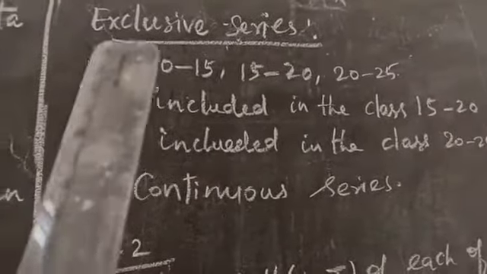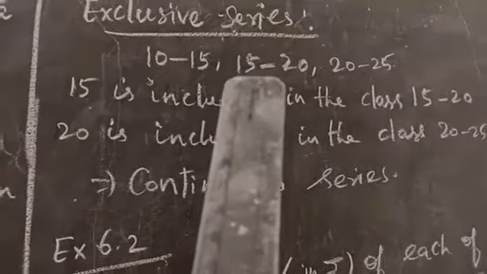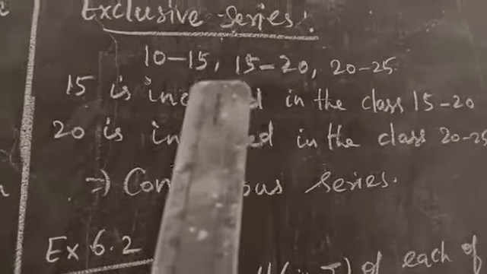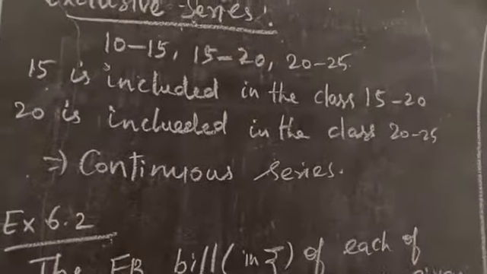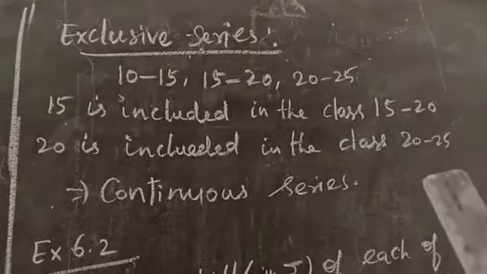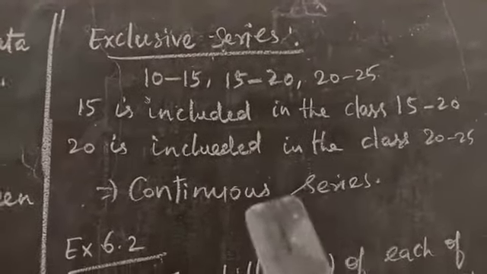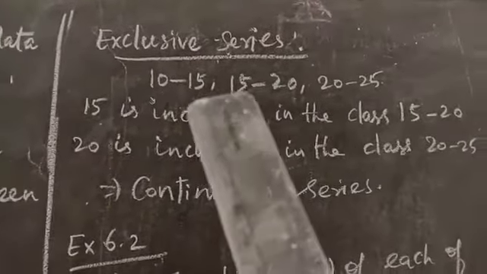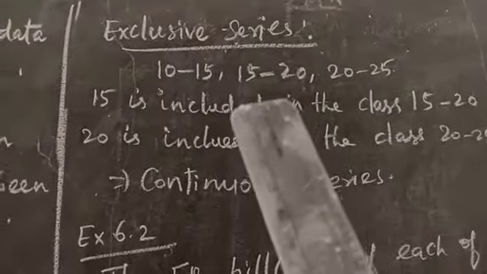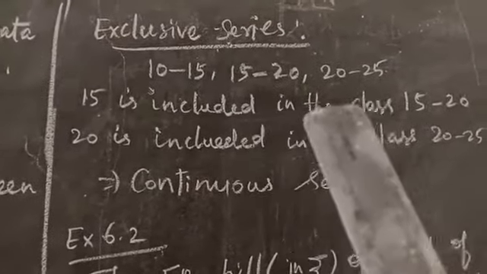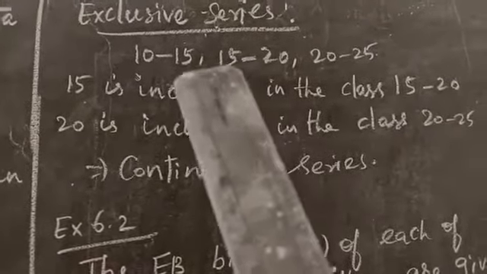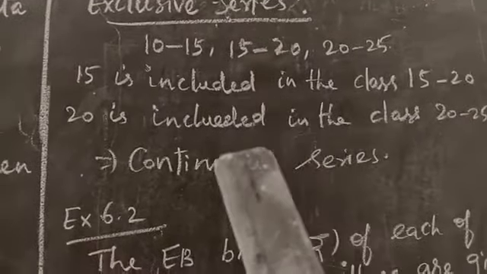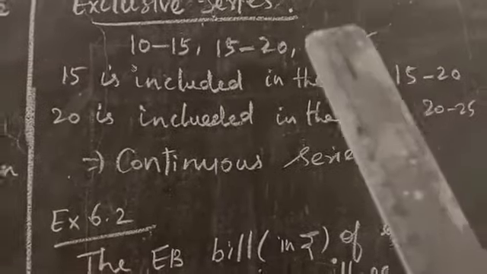Take the class 15 to 20 and the next, 20 to 25. 15 is included in the class 15 to 20, and 20 is included in the class 20 to 25.